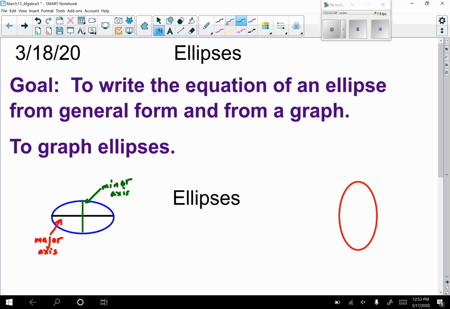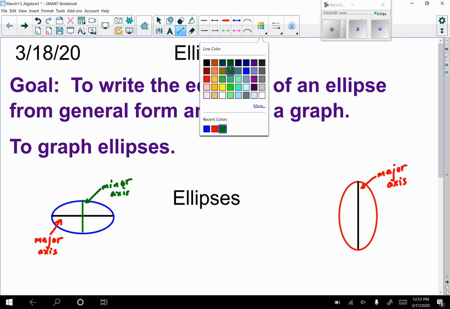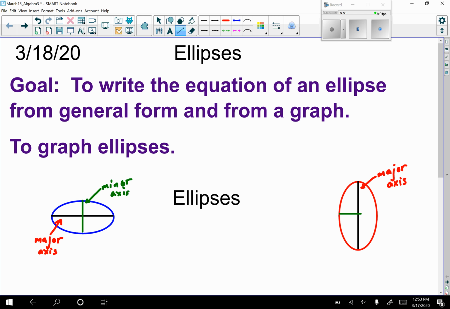Going over here to the red ellipse, the major axis is now vertical. There's our longer one. And our minor axis is shorter, going horizontally.